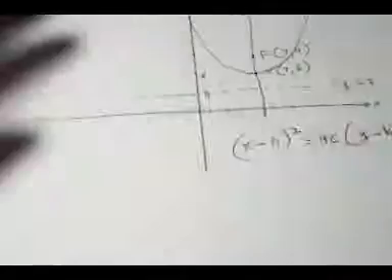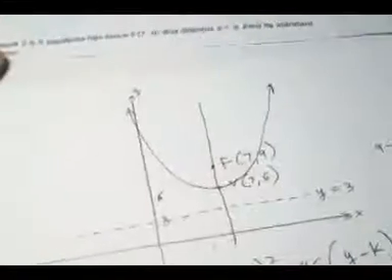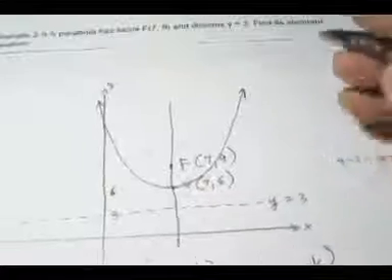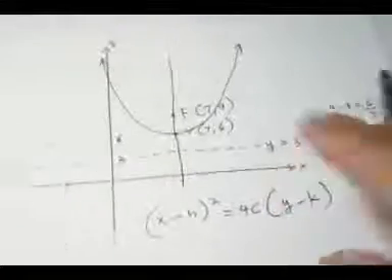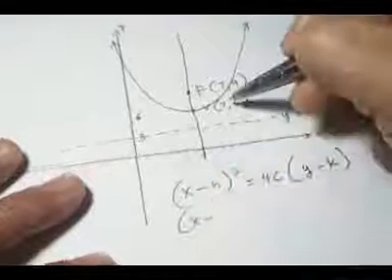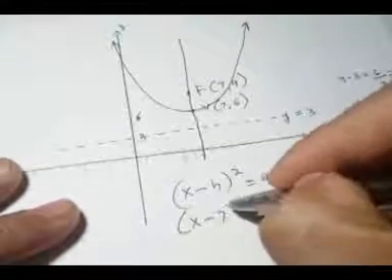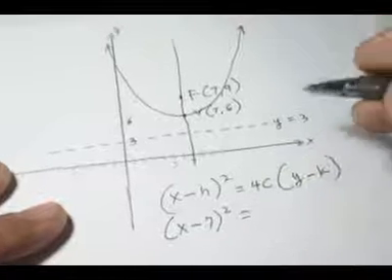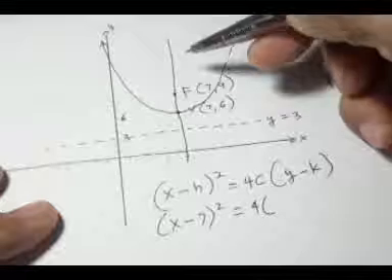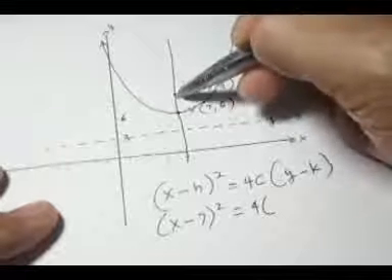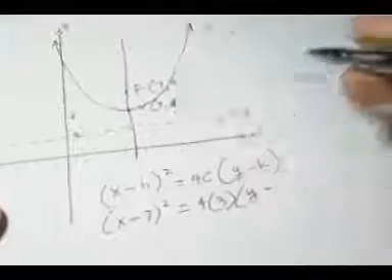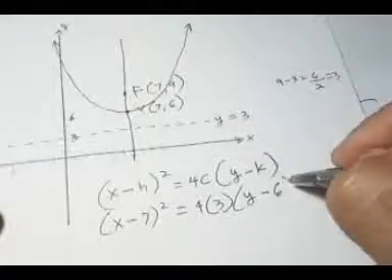Okay, always refer to the graph and its standard equation. So let us substitute the value of h. It is 7 square. 4c is this distance, which is equal to 3, times y minus k, which is 6.